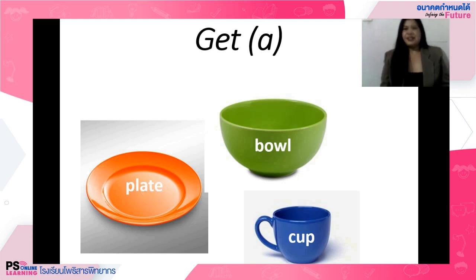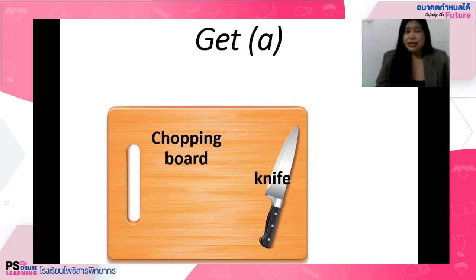All right, so you know these words already. Next one, this is called chopping board, and the other one is knife. So you say get a chopping board, get a knife.